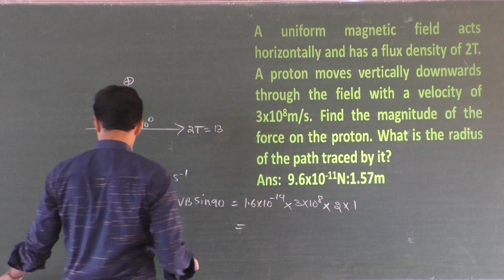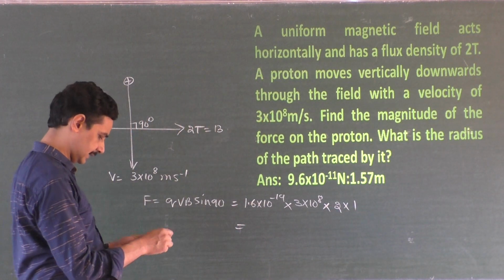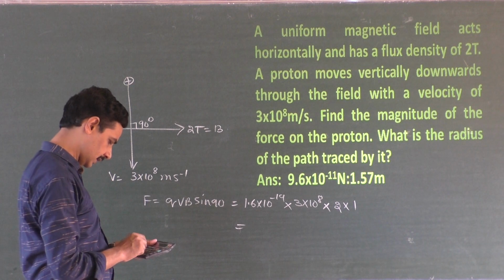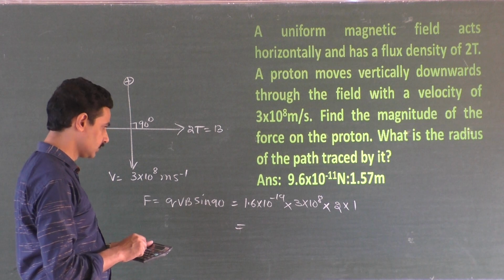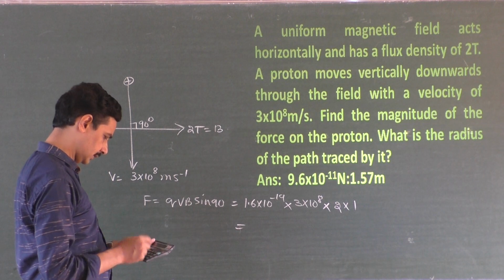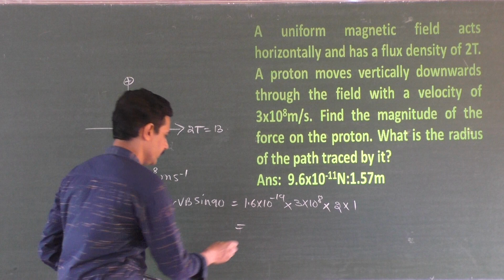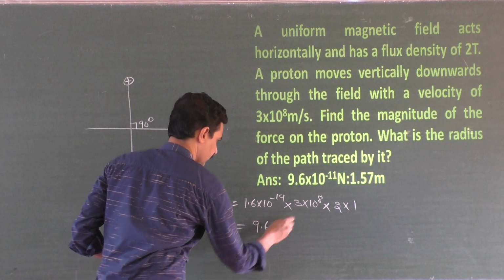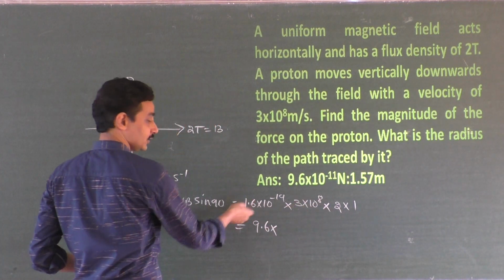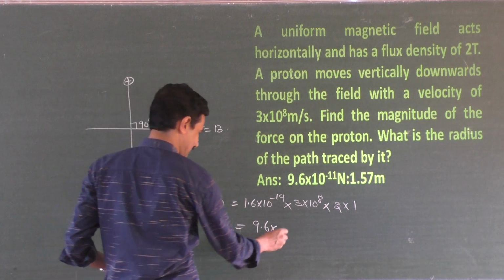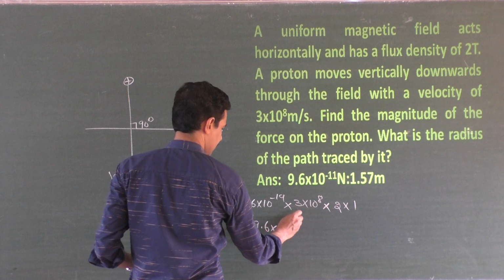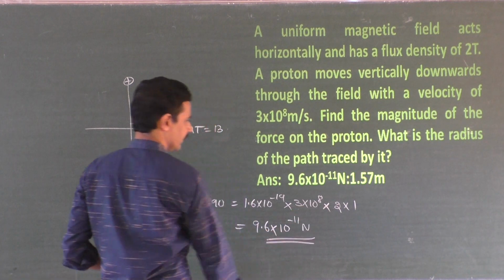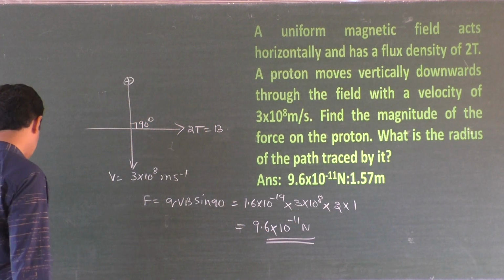So that itself gives you the force. 1.6 into 10 to the power minus 19, into 3 into 2, is equal to 9.6. Yeah, 9.6. You could have done it directly. 6 into 1.6, 9.6 into 10 to the power minus 19 plus 8, minus 11 Newton. That is the force acting on the charged particle.